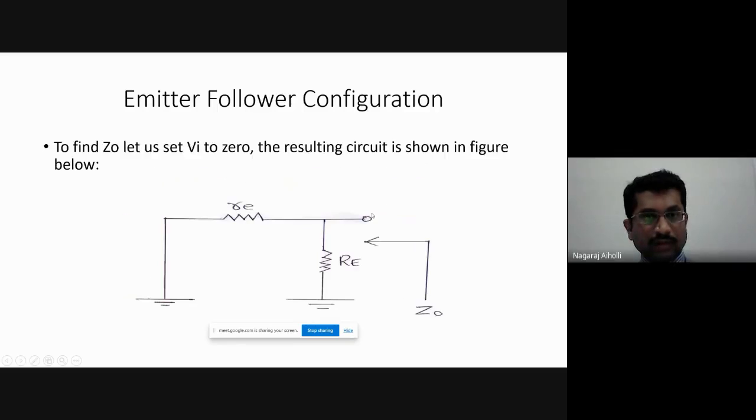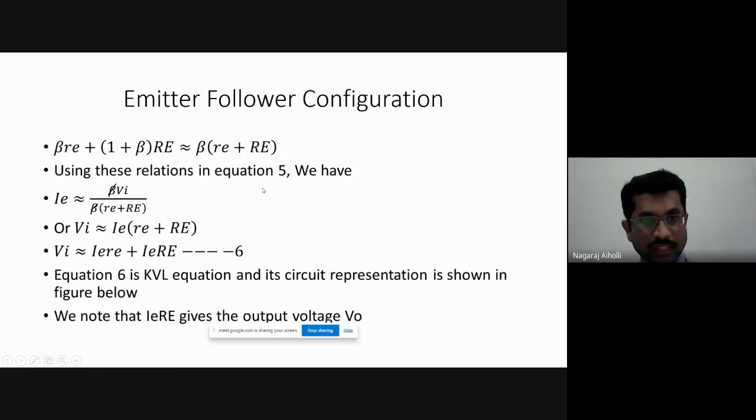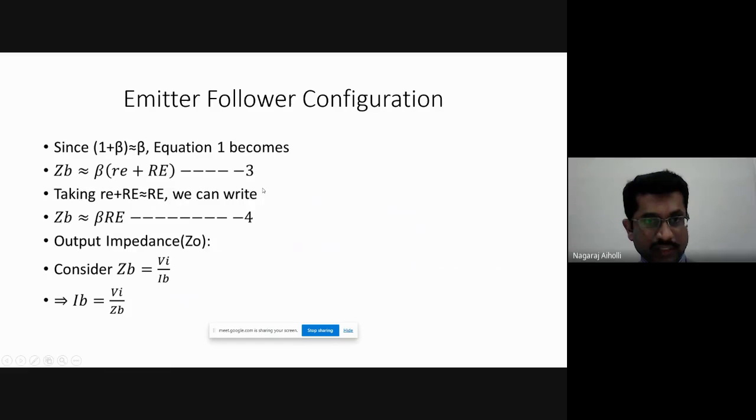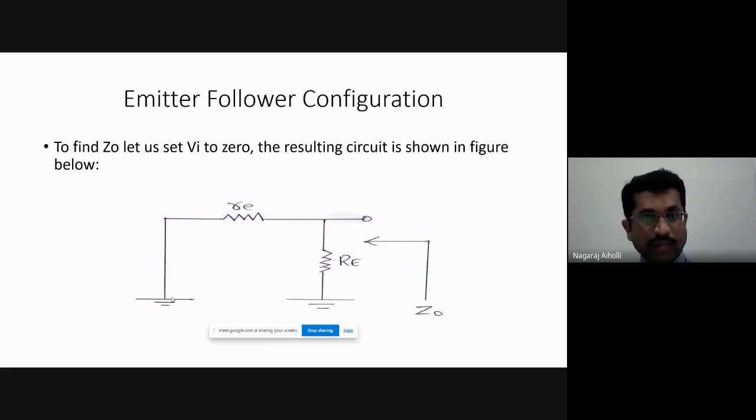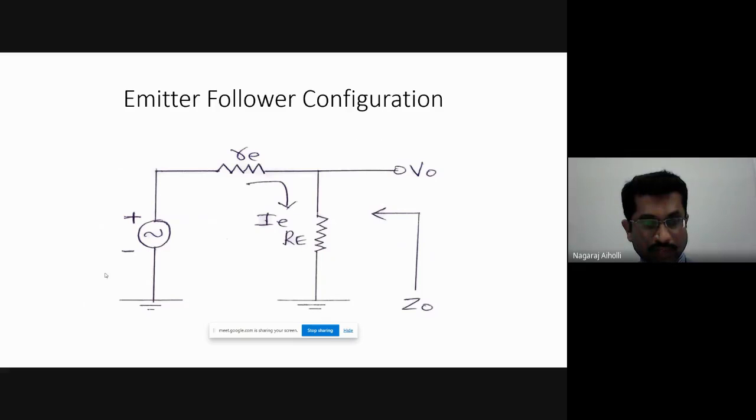Okay. Now if you want to find Z0, to find Z0, we have to make VI equal to 0. Before making VI equal to 0, we have to perform this analysis for finding the output impedance. After doing this analysis, then we make VI equal to 0, turning off the active sources. If you make VI equal to 0, it is a short circuit.